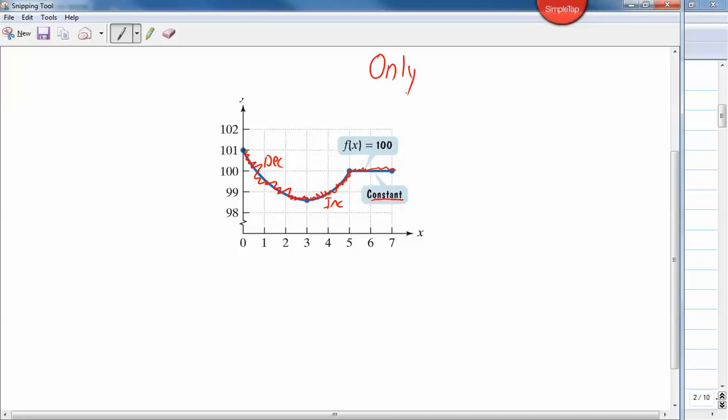When we describe the intervals on which a function is increasing, decreasing, or constant, we only use x values. Okay? Also, when describing these intervals, we only use parentheses.